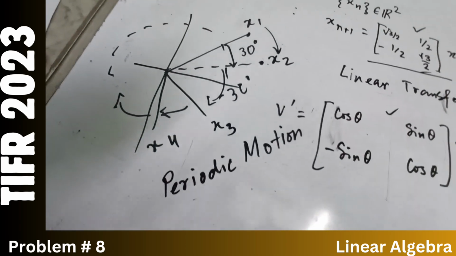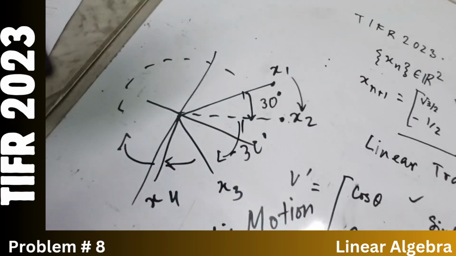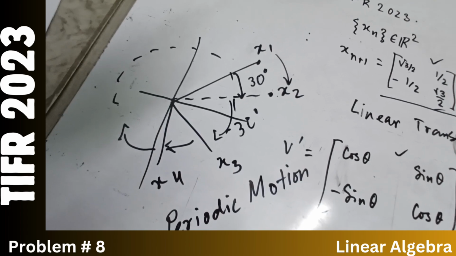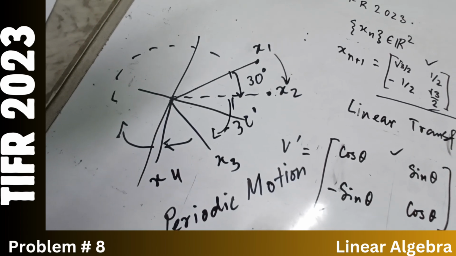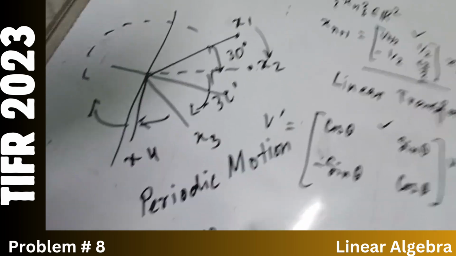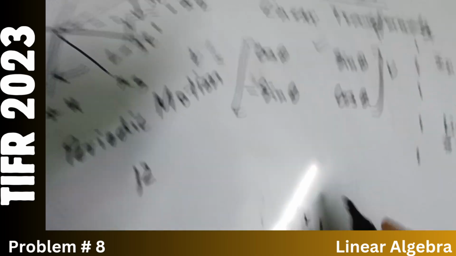And we can observe that in this 360 degree rotation, we have 360 divided by 30, which is 12. So we are having the terms x1.